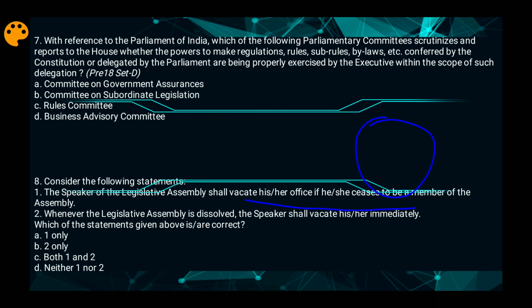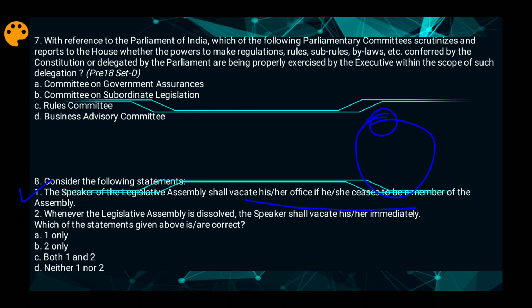If that legislator is no more an MLA or MP of that particular house, then he has to vacate his position, and he will not be the Speaker of that legislative assembly. The same is applicable in the Parliament of India, in the Lok Sabha.